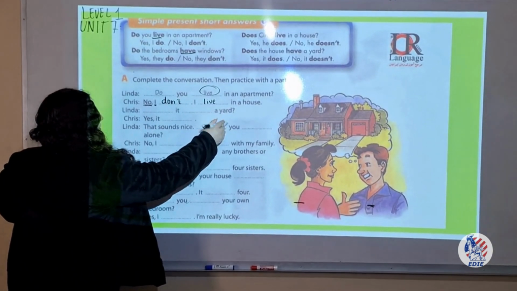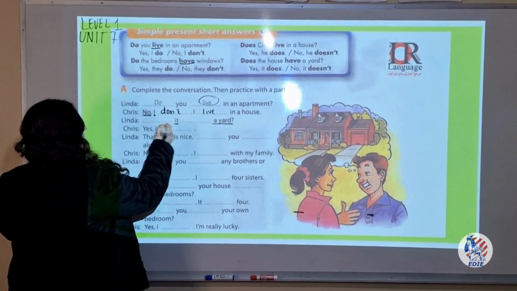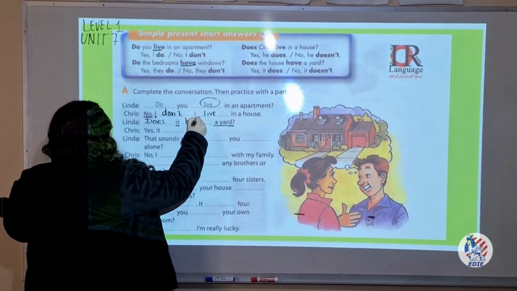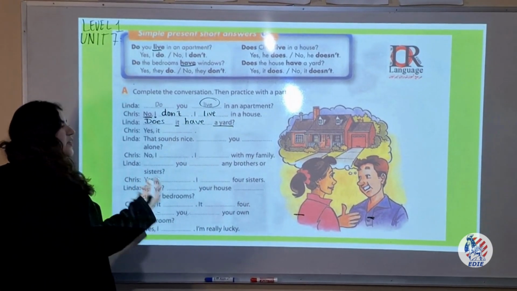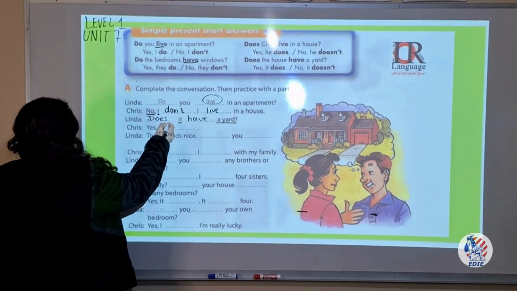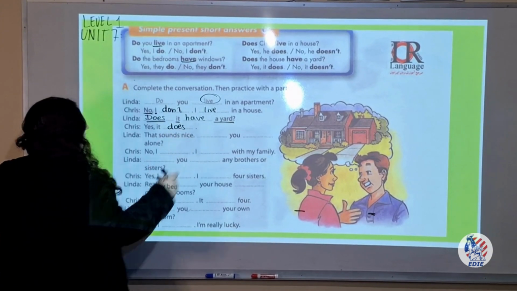We have two blanks and we're asking about the house. So since it's a house, we're going to start with does it have, because we're asking about the feature of the house. And Chris answers, yes, it. And remember, we have to stick with our auxiliary, does.